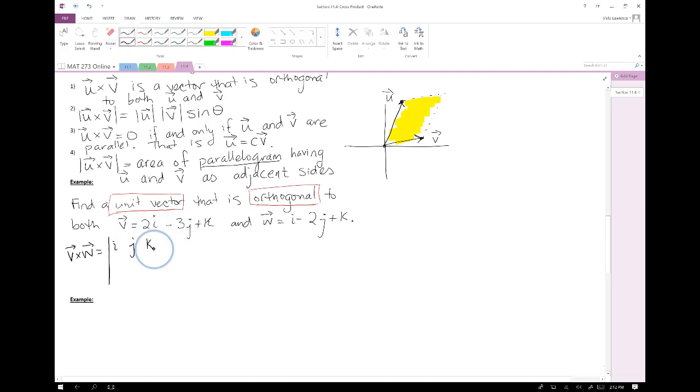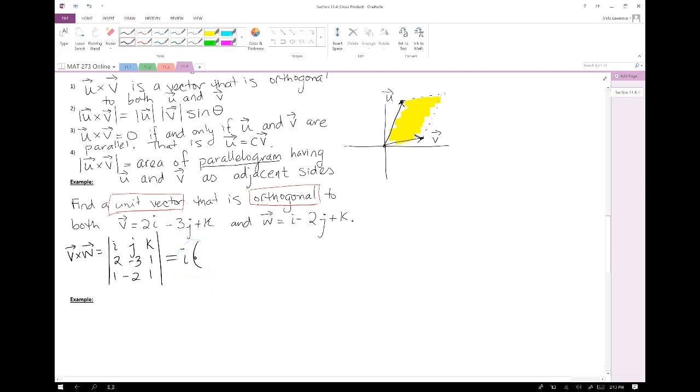I'm just going to set up my 3x3 determinant matrix. That is my preferred way of calculating these. First I start with my V components, 2, negative 3, 1, and then my W components, which are 1, negative 2, 1. As you do more and more of these, you will see that you don't necessarily have to write out every single step.